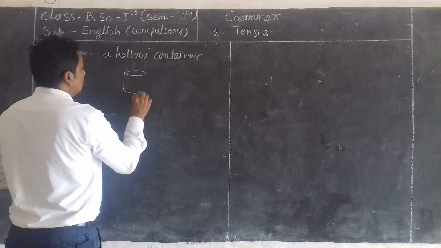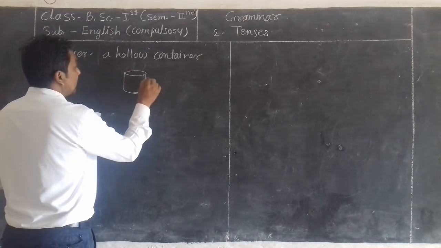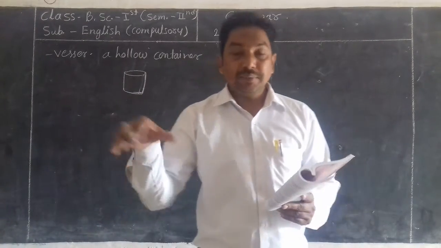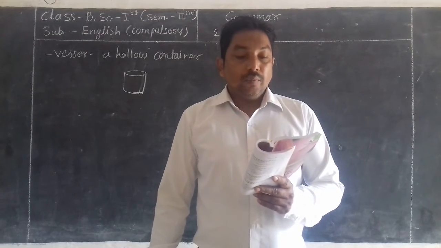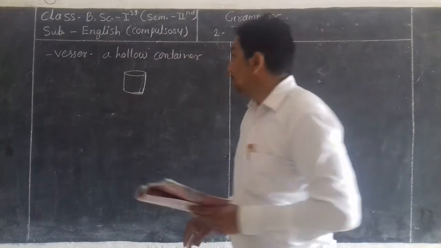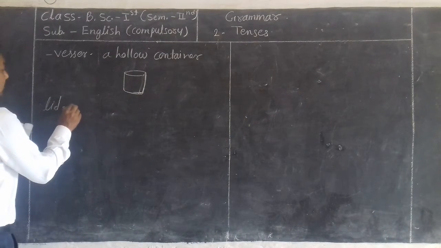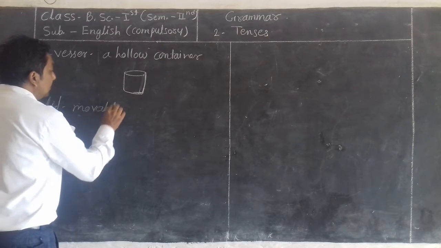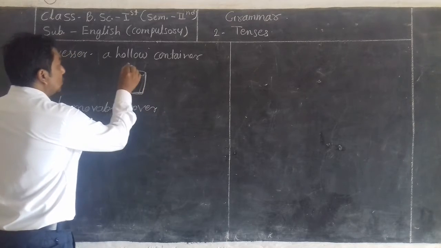So this kind of hollow container is called a vessel, that is empty from inside, with a tight fitting lid. Lid means a movable cover.